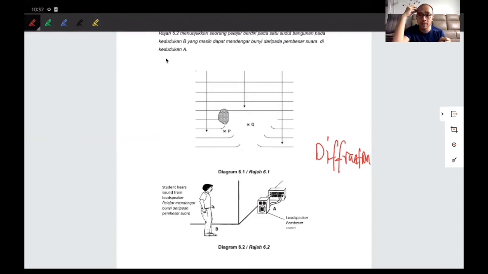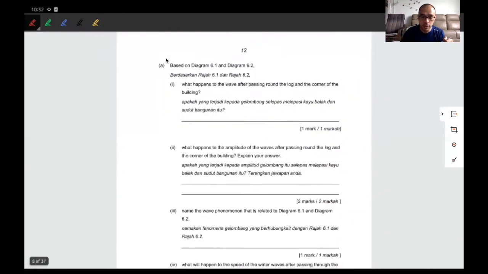Is this diffraction? Is this reflection? Is this interference? In this case, this is diffraction. Even if you don't know what this is, you know that this is an obstacle. The rock is an obstacle, so the wave will spread out.